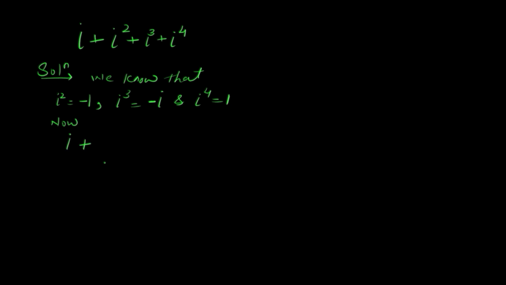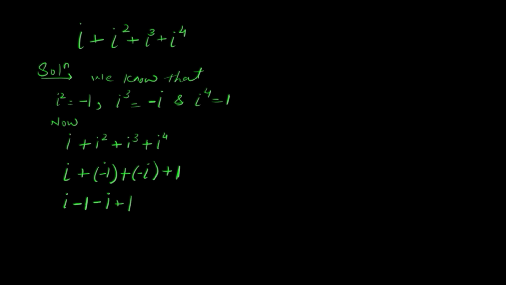Now i plus i square plus i cube plus i to the 4. Now we have to substitute the values. i as it is, plus i square becomes minus 1, plus i cube becomes minus i, and i to the 4 is 1. Now i plus minus 1 plus minus i plus 1.